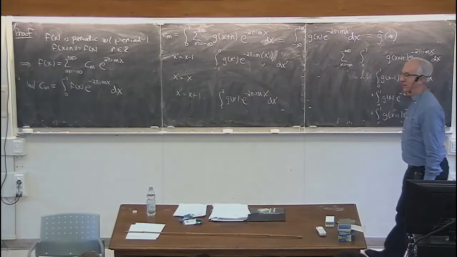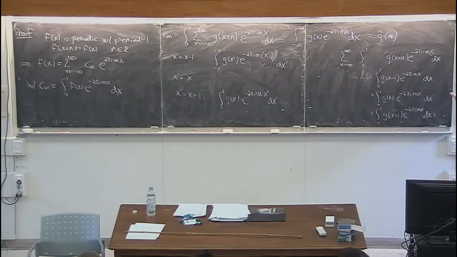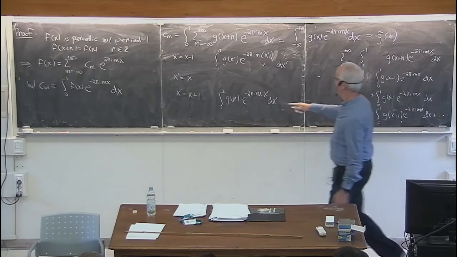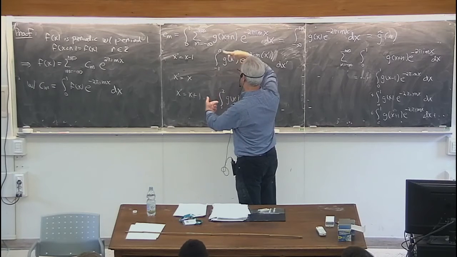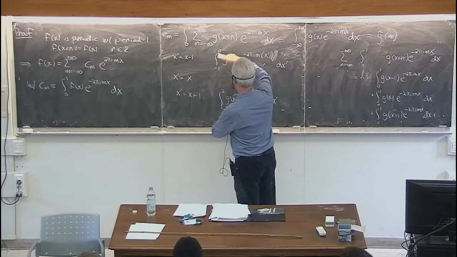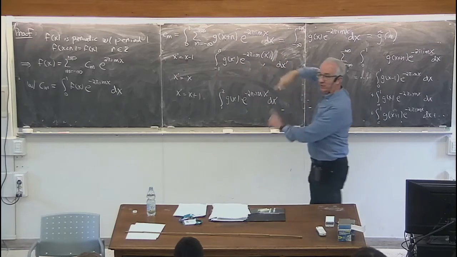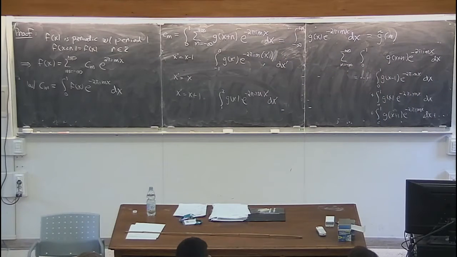And so on. In the nth term, I let x prime equal x plus n. The exponential doesn't change when I make that change of variable. And I just get integrals, until I get a set of integrals from minus infinity to plus infinity.